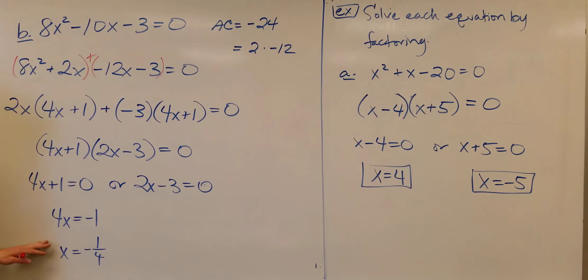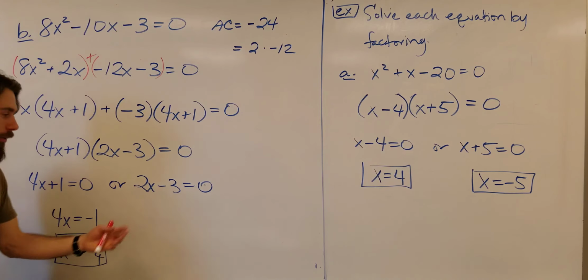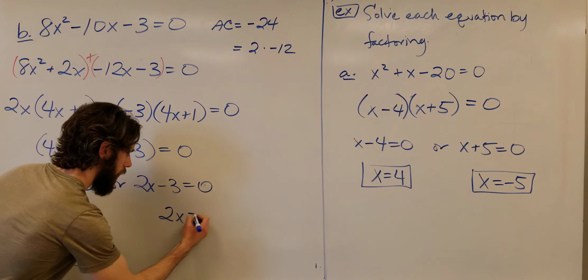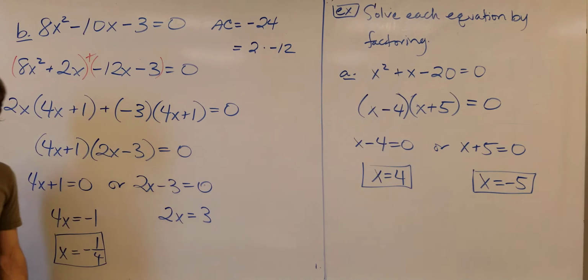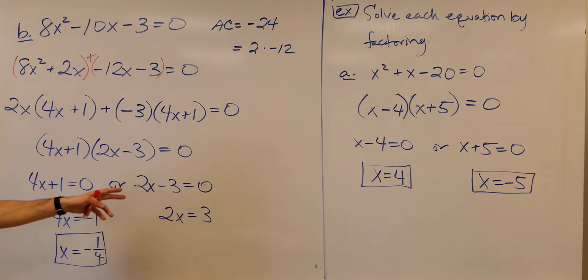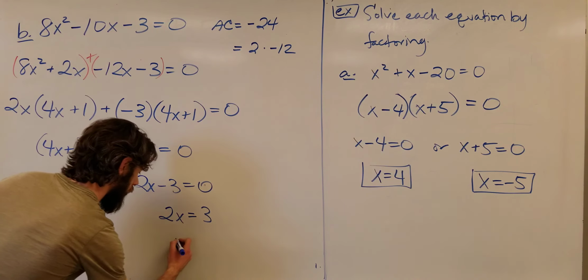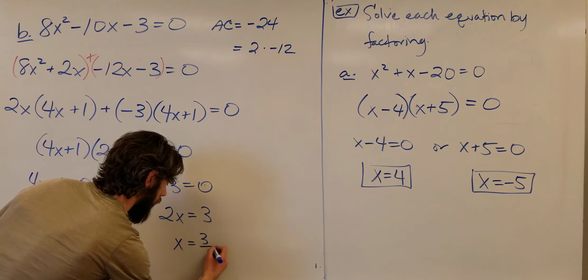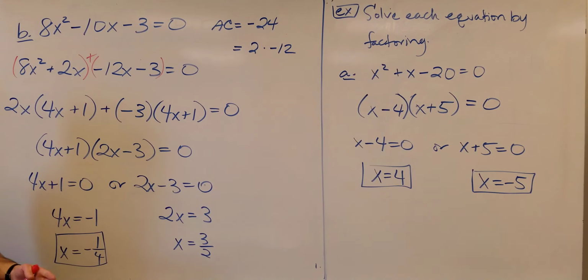First solution is x equals negative 1/4. All right, here we'll add the 3. We have 2x equals 3, and then divide by 2 to get x equals a positive 3/2.